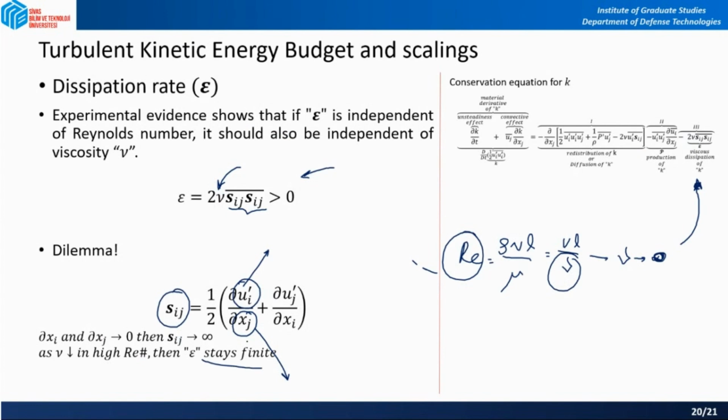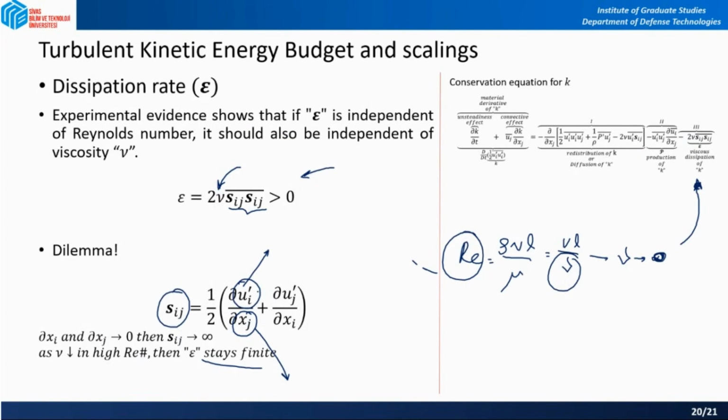The next question that we have is that, okay, this has to happen, as we said, at very, very small scales, meaning that these dxi, dxj, or the length scales should go to very, very small values. But how small are these scales?